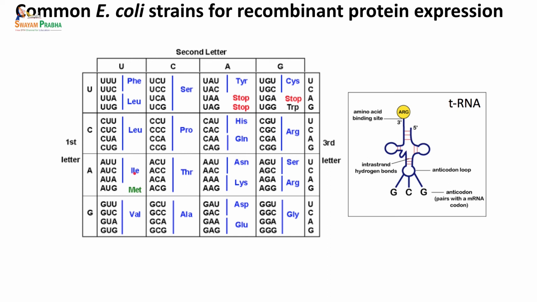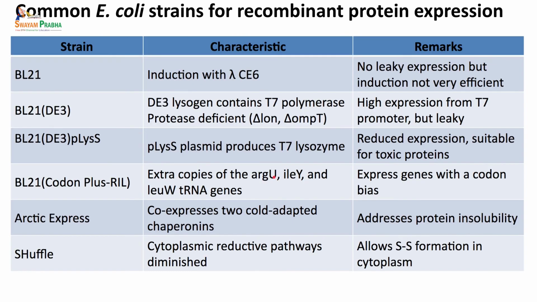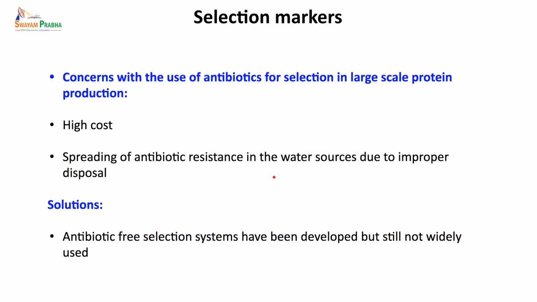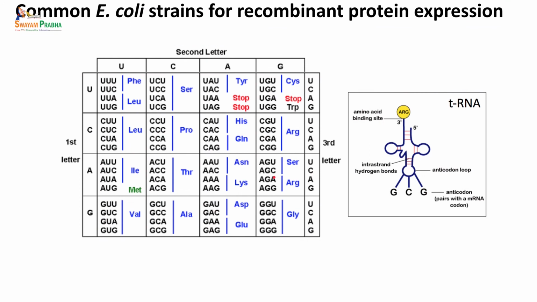Sorry about that. Similarly, for isoleucine, you can see that there are these 3 codons. For leucine, again, there are these 6 codons, and so on and so forth. So now, any organism can use any of these codons to code for various amino acids. But not every codon for a particular amino acid is used at equal frequency.